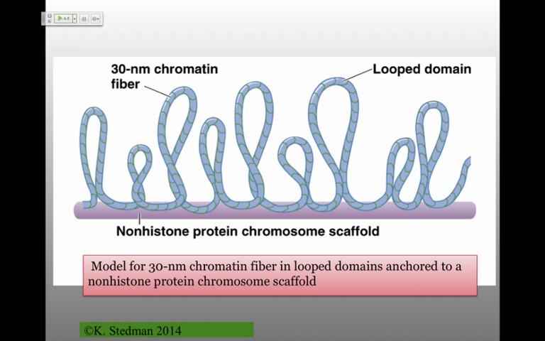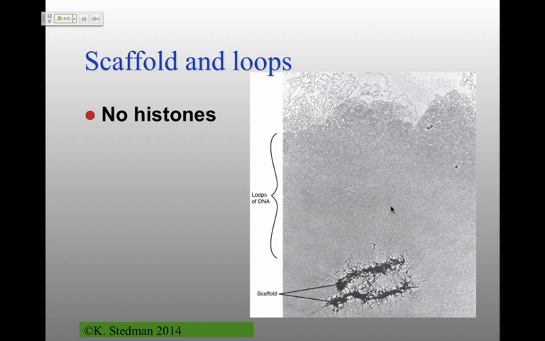You can actually visualize some of this. Here's a scaffold set of proteins down here. And if you look carefully, hopefully it shows up on this screen. I think it does. Each of these black lines up here represents the DNA. Here we've removed all of the histones, and you can see that those histones give you a massive amount of compaction.